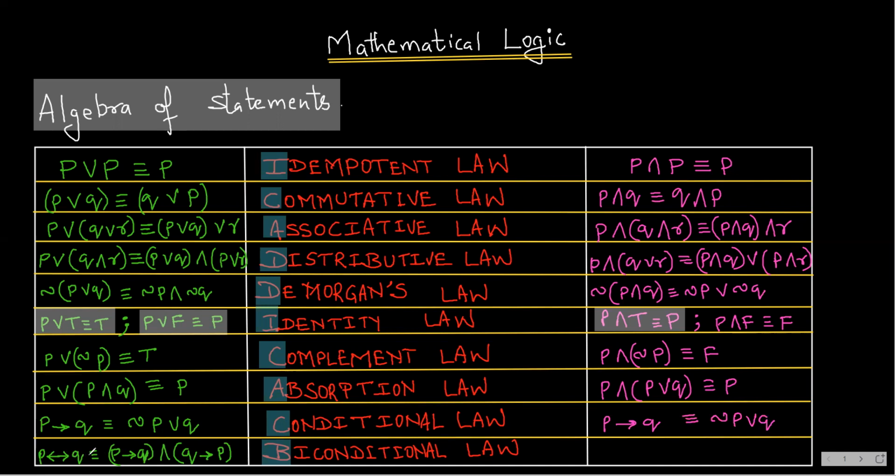P double implication Q is equivalent to P implies Q and Q implies P.